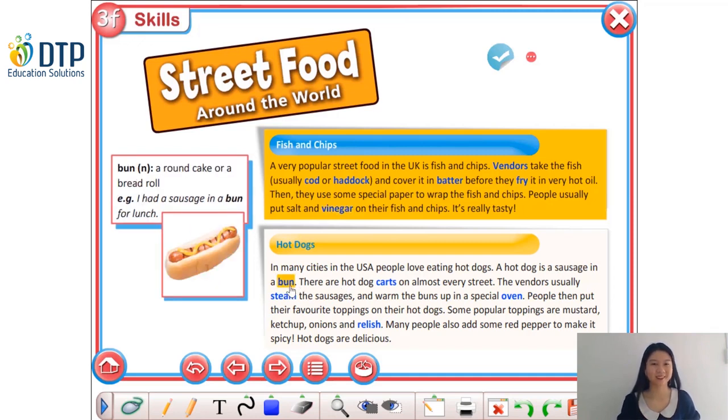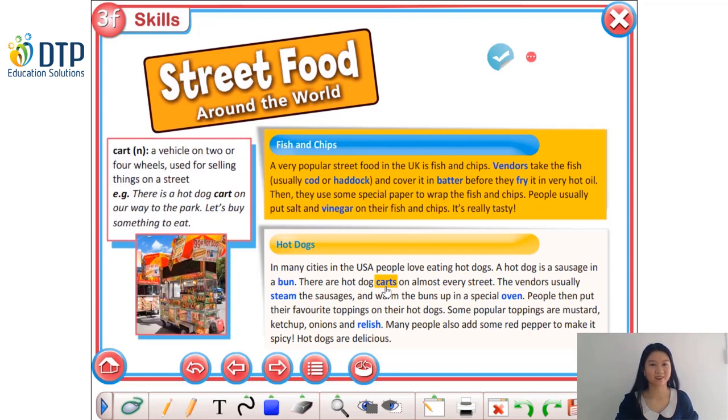Bun. Look at the picture of a bun. What is it? Alright, you can see here, it is a round cake or a bread roll. Nó là một loại bánh mì có dạng hình tròn hoặc là được bao xung quanh hot dog. How about cart?